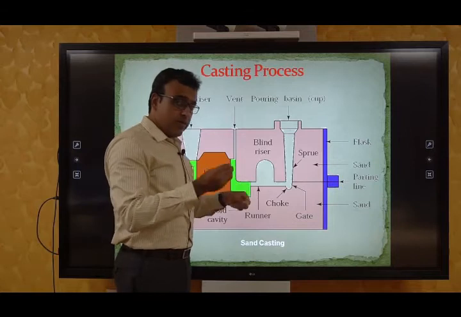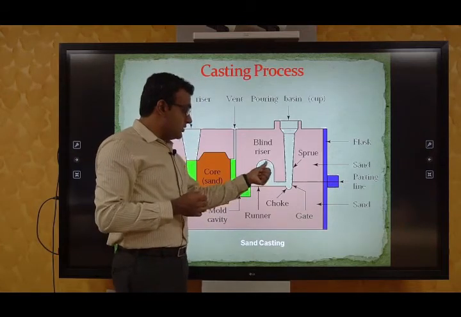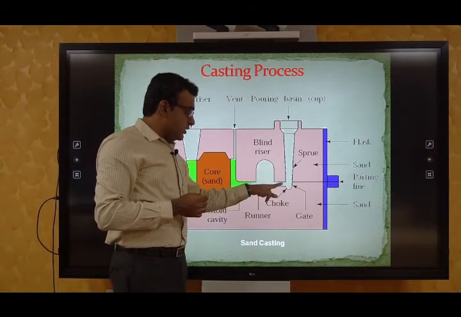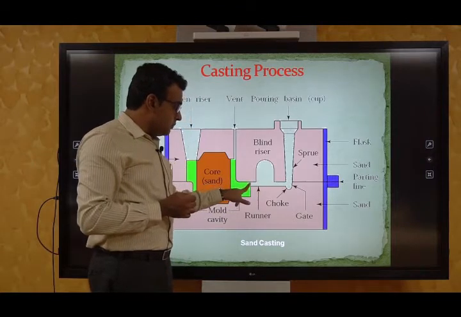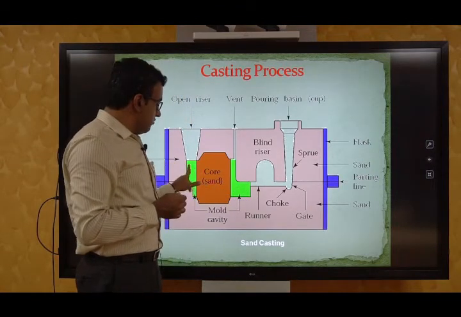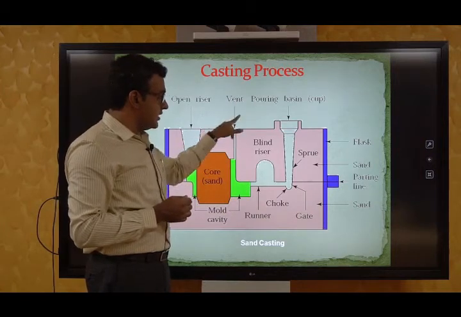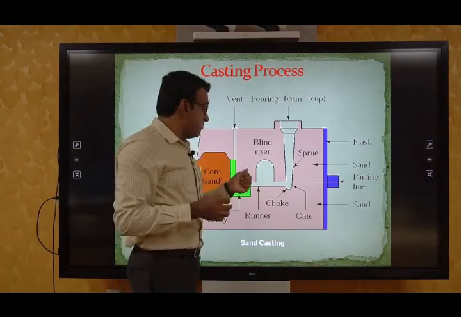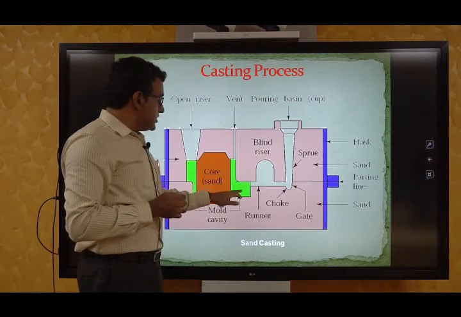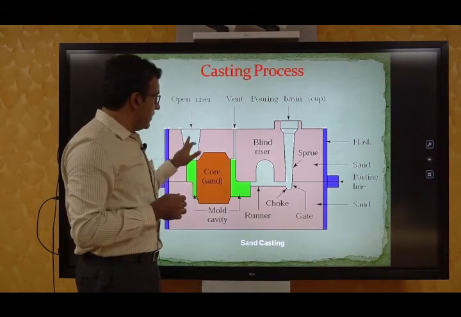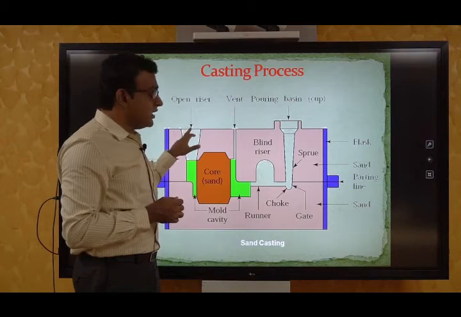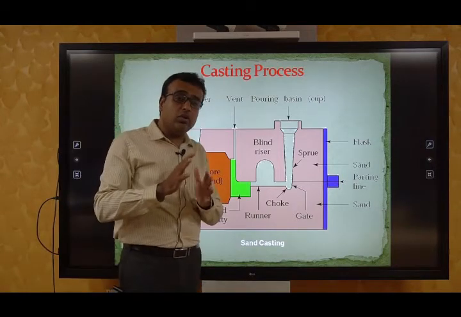If there is some air gap, it will be filled up here, and it goes through this, fills this green cavity, and there are some air vents here. If there is some air trapped inside, it escapes, and once the whole cavity is filled, it rises up here, so that we have an idea whether the whole thing is filled.